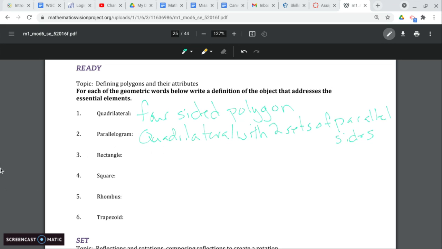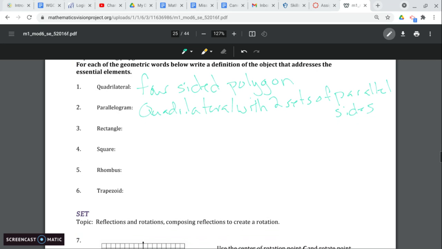What do you know? Then a square, same thing. So all of these are going to be considered quadrilaterals, and then explain from that what is specific to them. So like rectangle, four right angles; square, four right angles and four equal sides; rhombus, four equal sides; trapezoid, one set of parallel sides. So all those different things, explain those out in your definition.